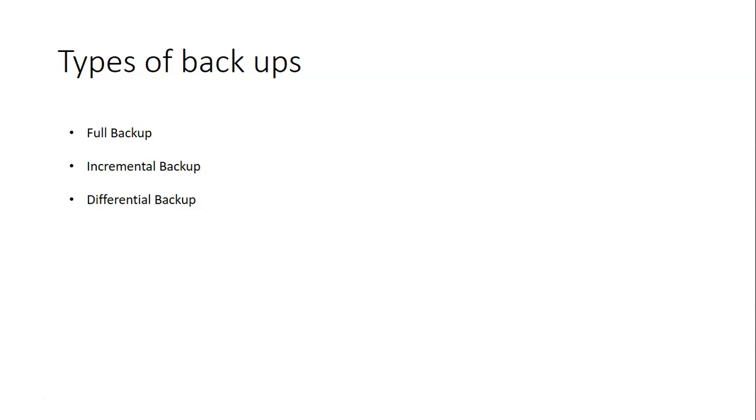So what that means is that if there's an incident on Thursday, you have to restore the full backup from Saturday and the incremental backups from Sunday, Monday, Tuesday, and Wednesday.